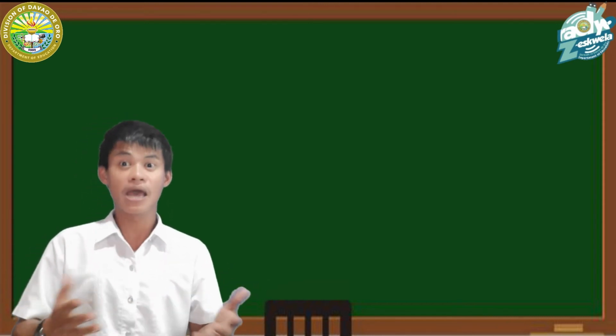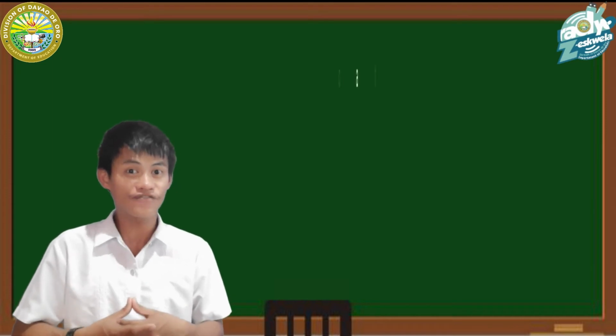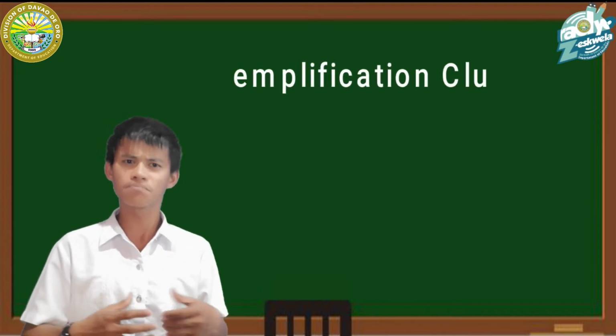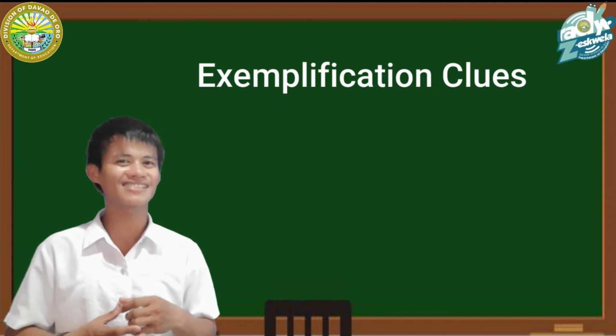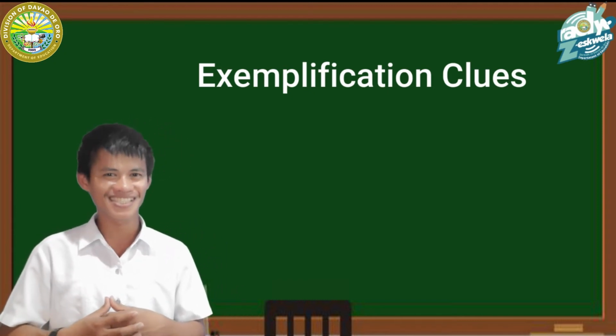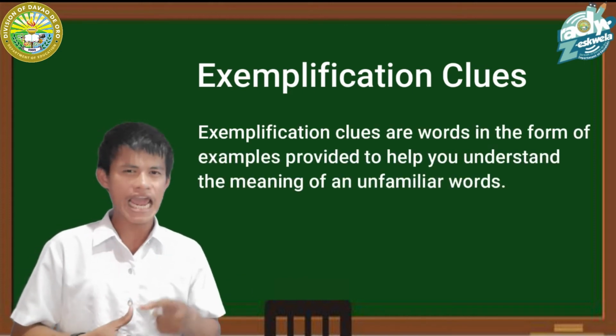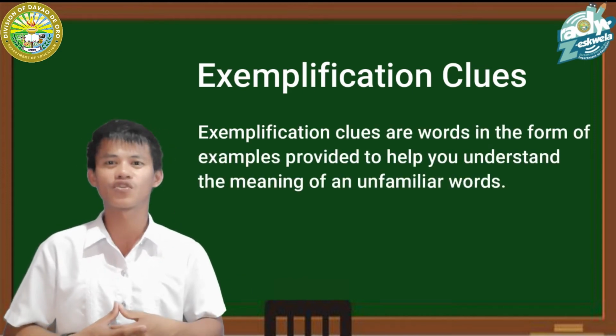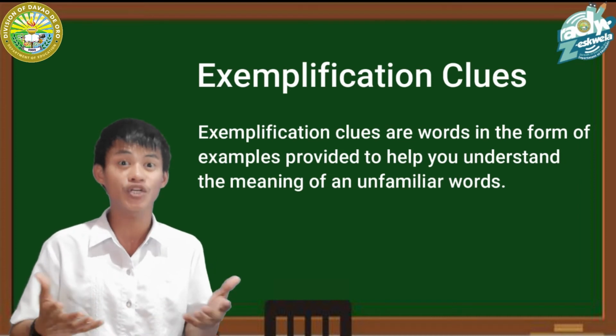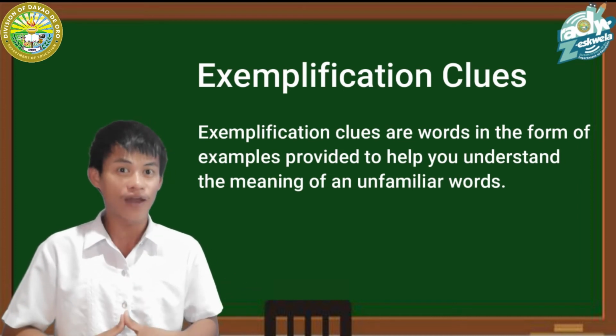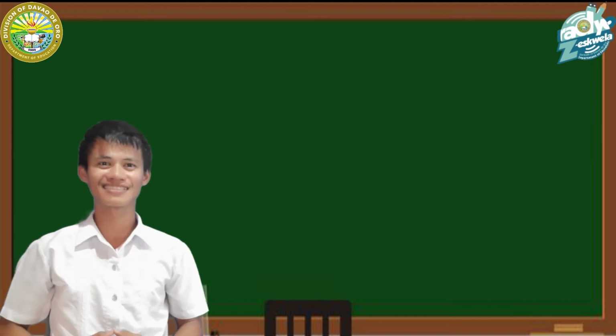The author made use of exemplification clues. By the way, what is exemplification clues? Exemplification clues are words in the form of examples provided to help you understand the meaning of unfamiliar words.